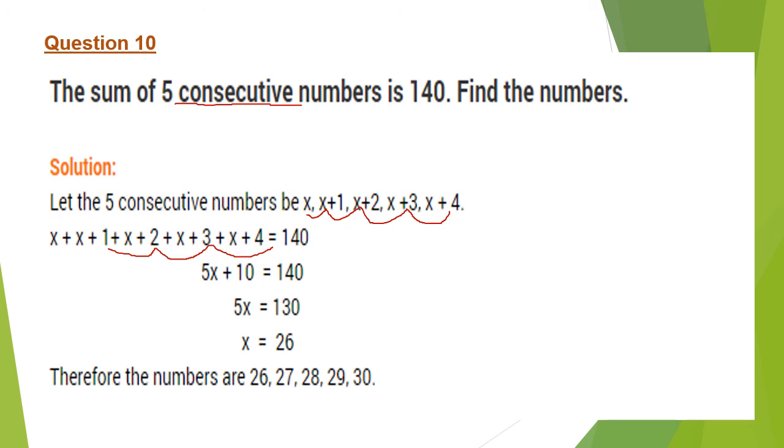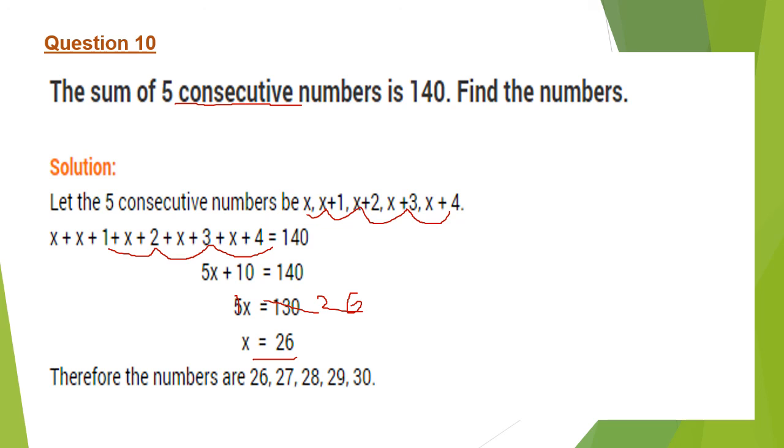In 140, if we transpose this plus 10 to this side, it becomes minus 10. 140 minus 10 gives 130. 5x equals 130. 5 ones are 5, 5 twos are 10, 5 sixes are 30, so 5 twenty-sixes are 130. So x is 26.